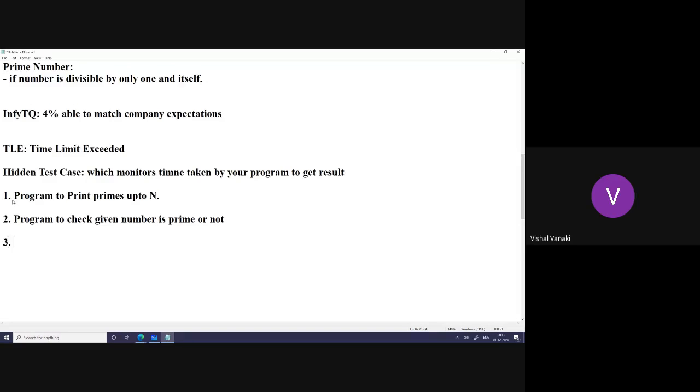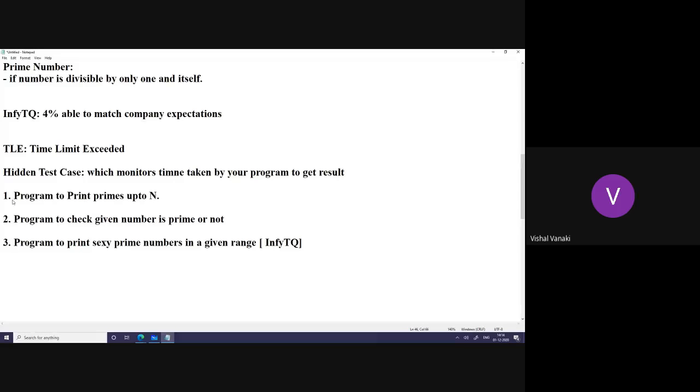Third one is a program to print sexy prime numbers in a given range. This was the question which was asked in InfyTQ, I think last year.